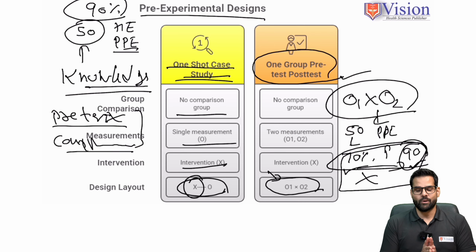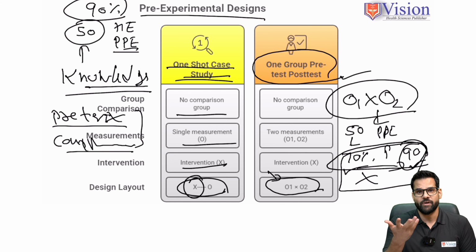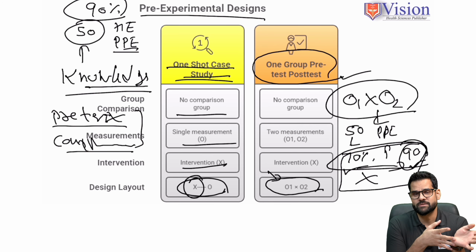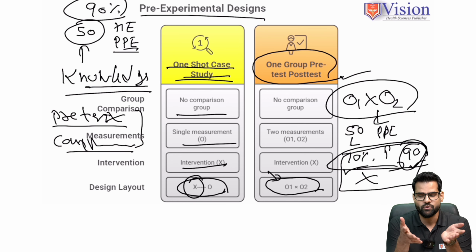Overall, all three designs, true, quasi and pre, have one common principle, that is the intervention, okay. But randomization is a very strong principle which not only equalizes the groups but also puts control over extraneous variables or factors. Because most nursing studies involve patients or nursing students, that is, human beings, randomization may not be possible, so you go for quasi.